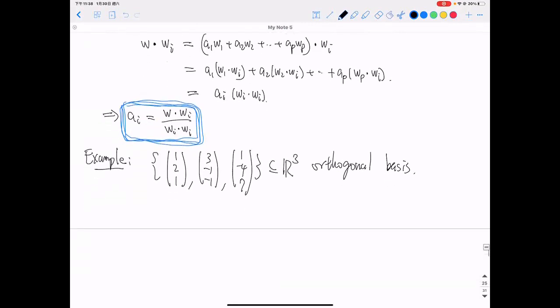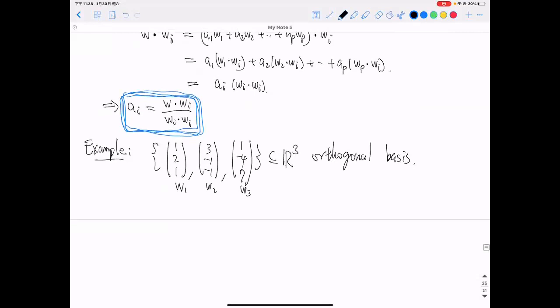So let's call these V1, W1, W2, W3, respectively. And let's say we have V. It could be anything, but for the sake of simplicity, let's consider this vector. Because the W's form a basis of R3, this V can be written as a linear combination of the W's.